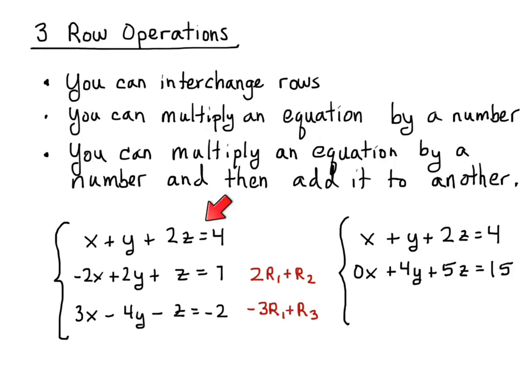I'm going to take 2 times 2z, which is 4z, and add it to z, and that's going to give me 5z. And then I have to do the constant side too, so I'm going to take 2 times 4, which is 8, and add it to 7, and I get 15.